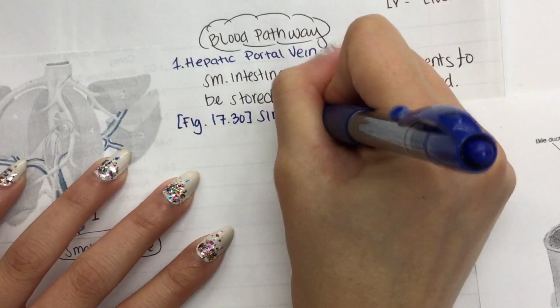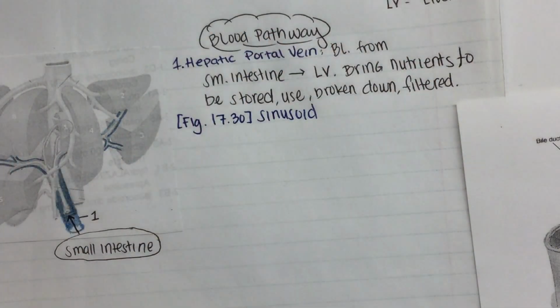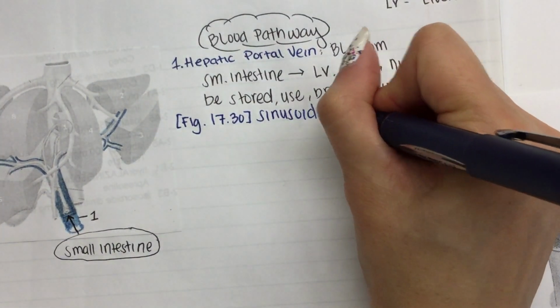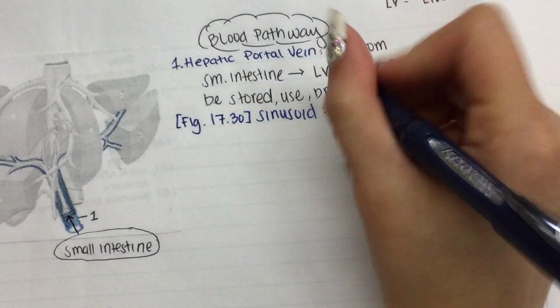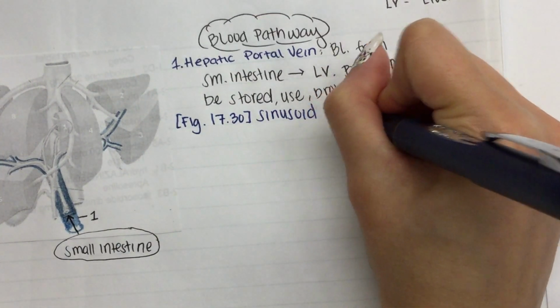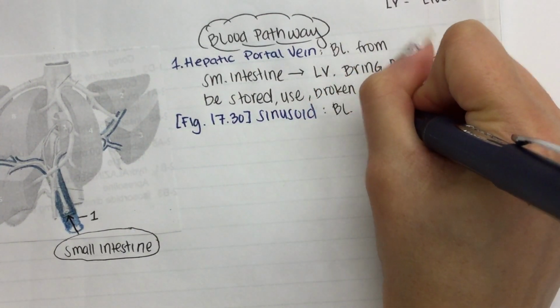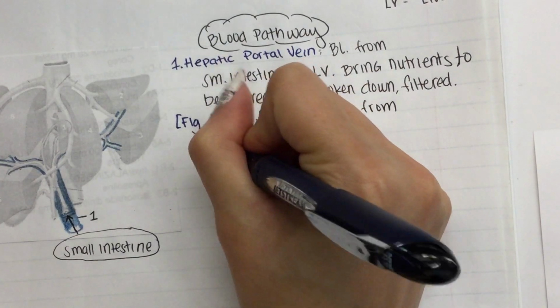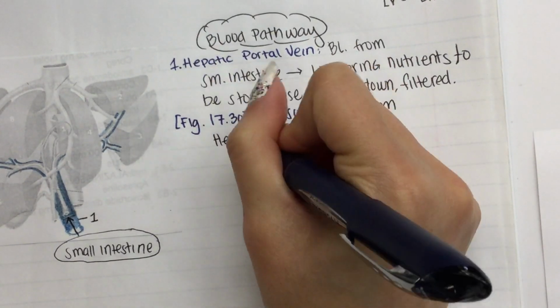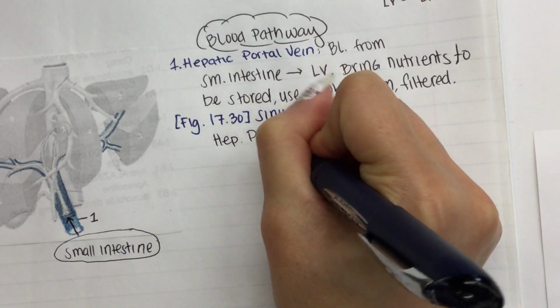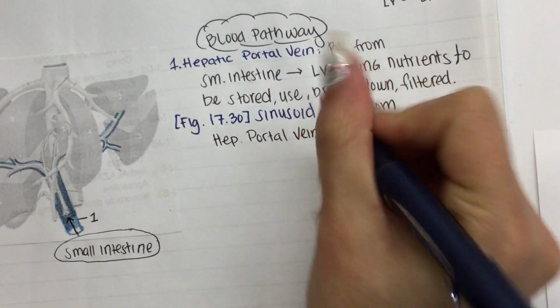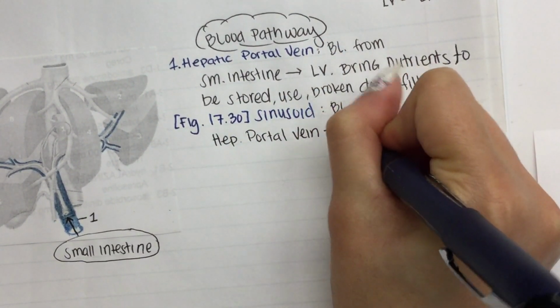Since we can't actually see it on our handouts, you're going to have to reference your notes every time you want to see where the sinusoids are. So the sinusoids, in black pen here, brings blood from the hepatic portal vein, which was number 1 there, to the central vein.